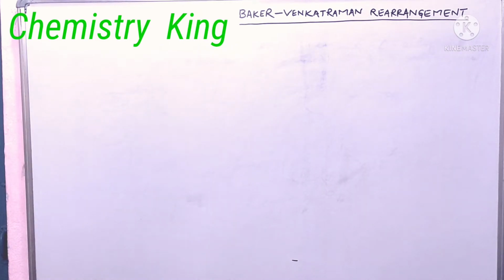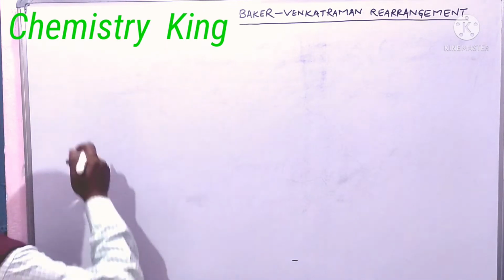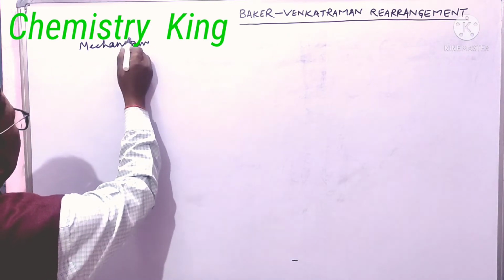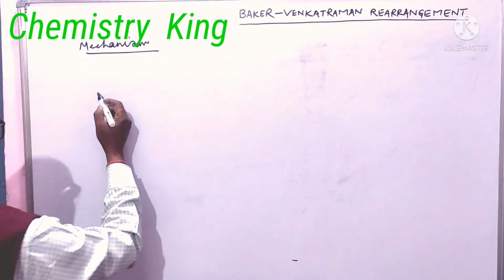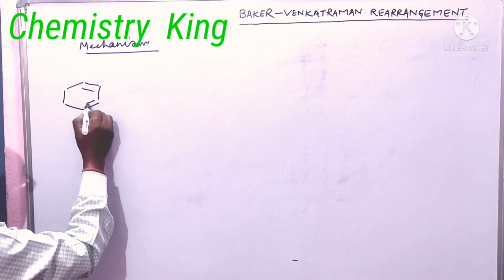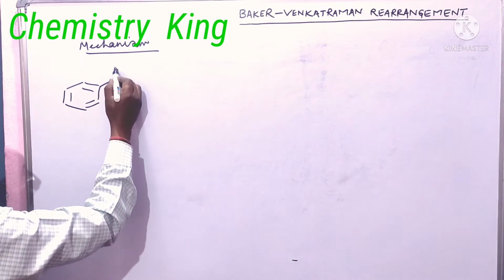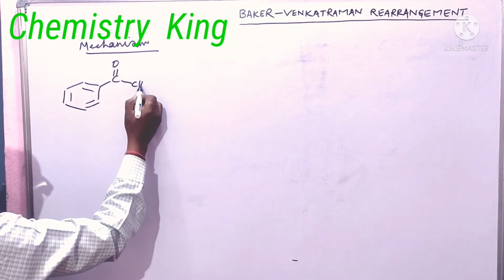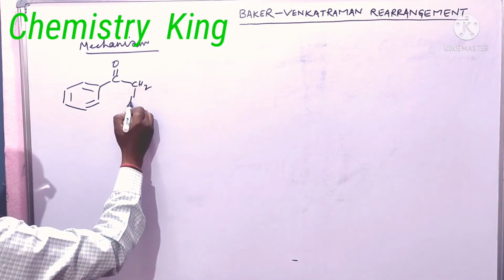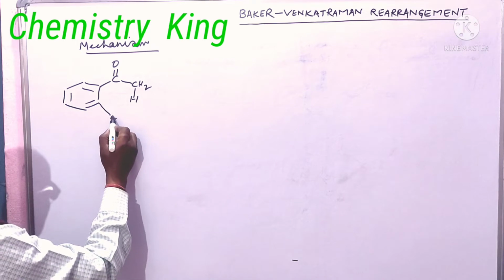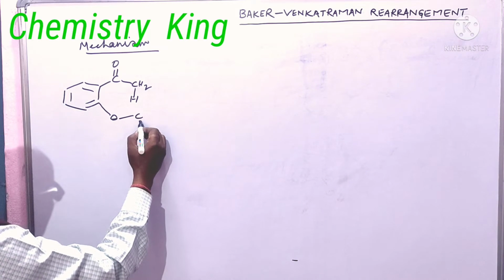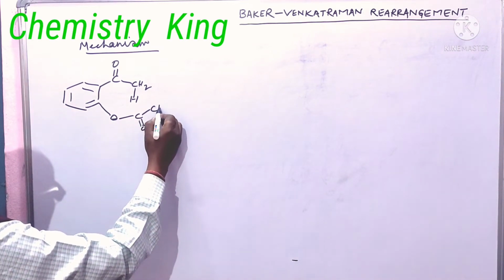Now, we will see its mechanism. Right here, C double bond O, CH2, H, CO, C double bond O, CH3.